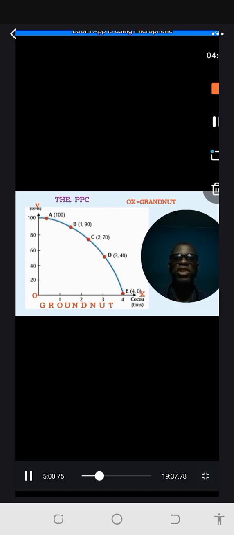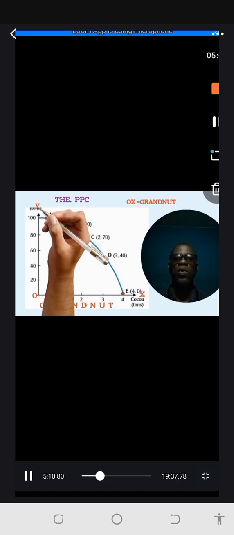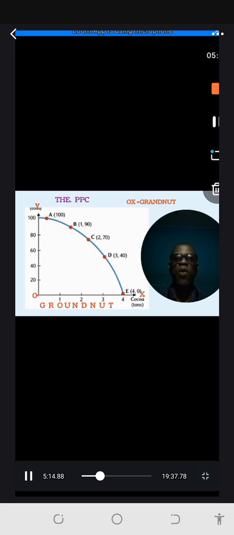Then the line OY, that is from O to Y, we use to represent the production of cocoa. So we say OY is equal to what? Cocoa. OY is equal to cocoa.